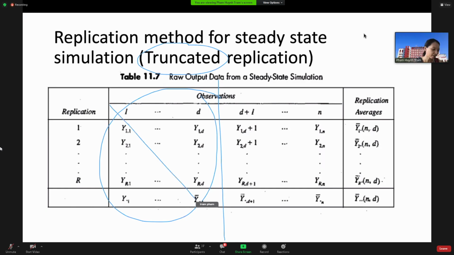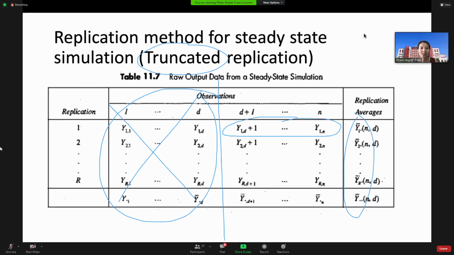Cut away this one. What we get the average from within the replication is the data collection phase. After that, for the output analysis, we just use the average across the replications as in the terminating simulation.